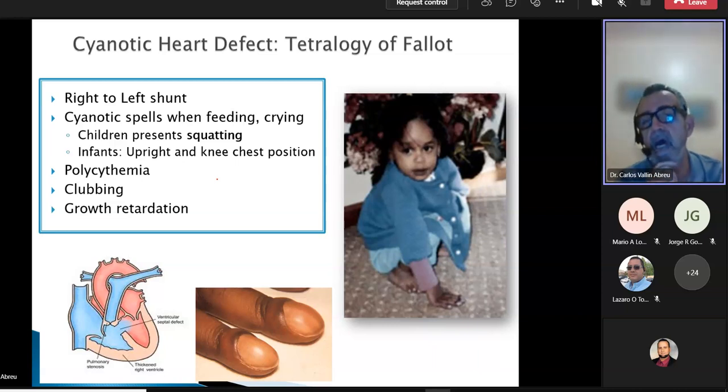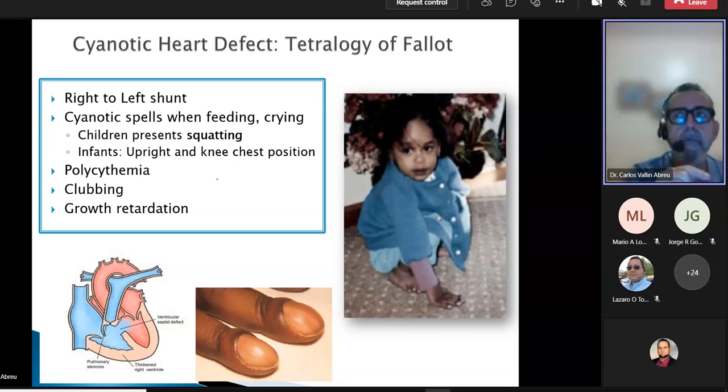So this is a child that has a lower than normal amount of oxygen in his or her blood, and as a consequence is going to have chronic cyanosis and is having consequences of this cyanosis: having less oxygen, having heart failure, having a damaged heart.